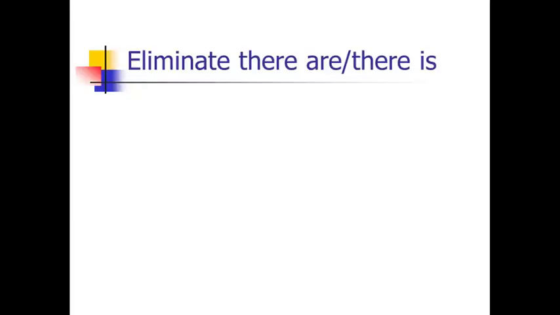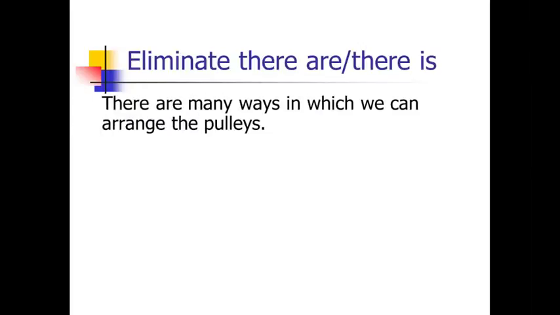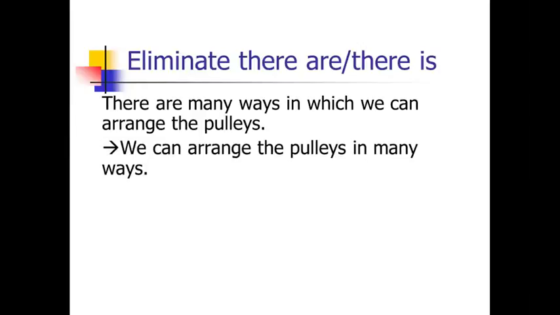Another little thing you can look for are instances where you've got there are or there is, when you actually completely don't need those words. So here's a very simple example. There are many ways in which we can arrange the pulleys. It kind of feels like you need the there are, but in fact you don't need it. You can just say, we can arrange the pulleys in many ways. You can drop that whole there are. Be on the lookout for when you're using a lot of to be verbs: is, are, was, were, be, been, and am.